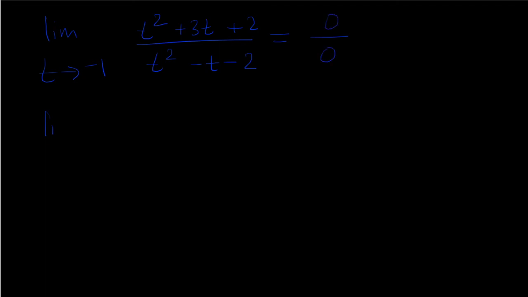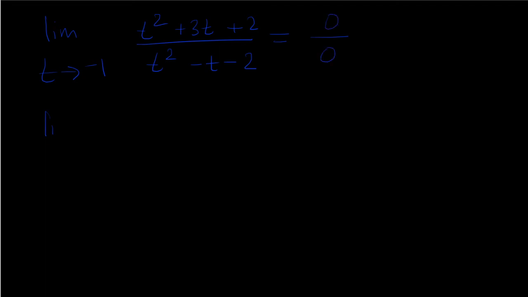Next, I have the limit as t approaches negative 1 of (t squared plus 3t plus 2) over (t squared minus t minus 2). First, let's plug in negative 1, and by now you'd realize these problems will just give you 0 over 0.